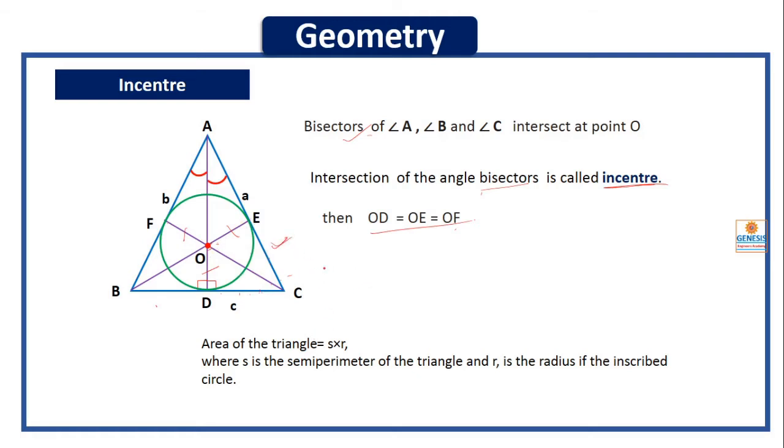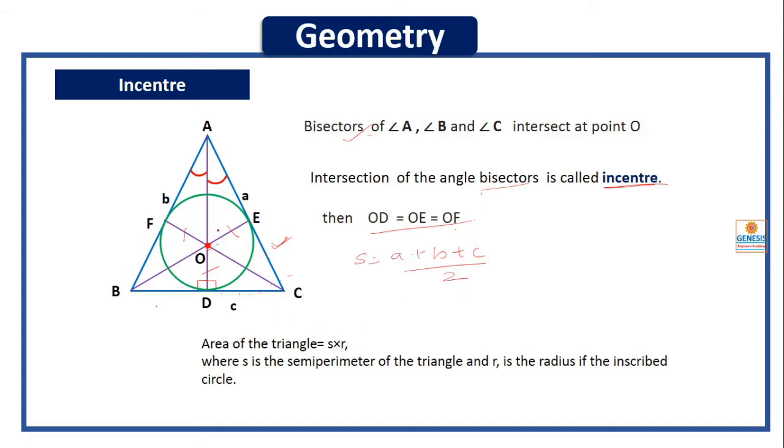Now, what is the area of this triangle? S is equal to what? S is A plus B plus C by 2. You got my point? So what is R?